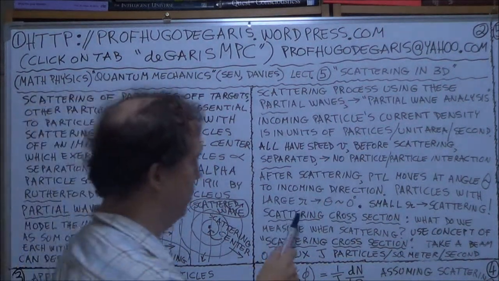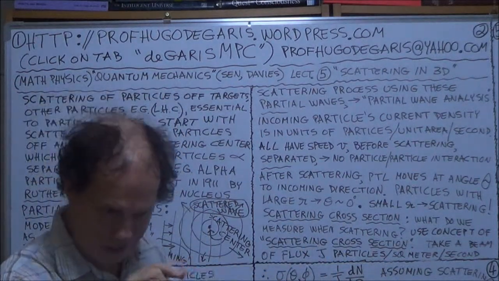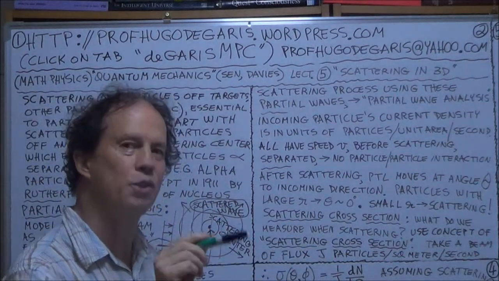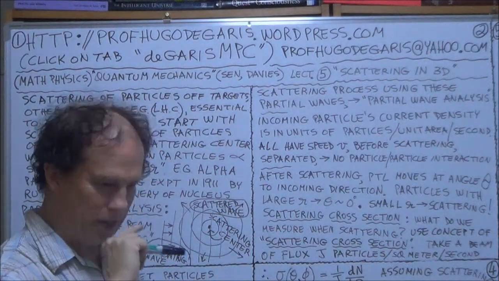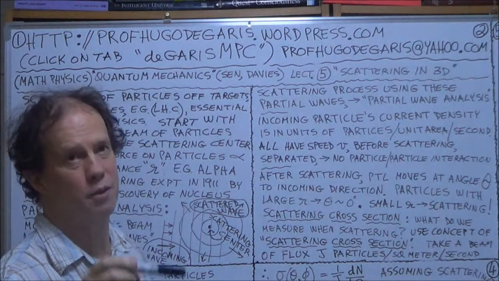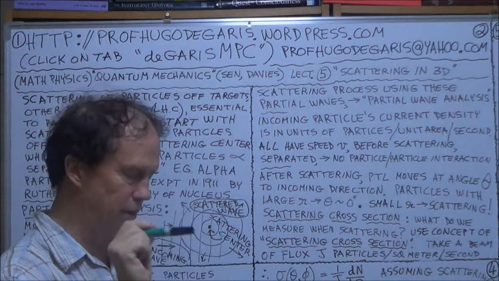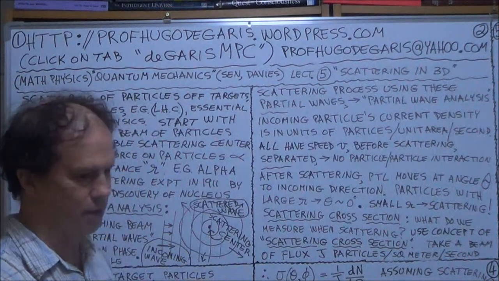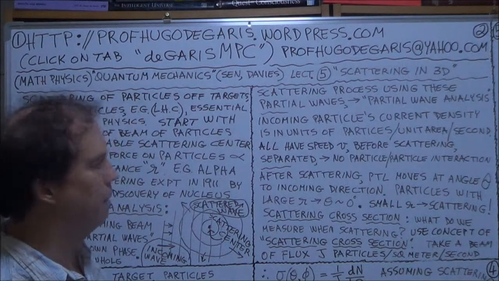Okay, one of the stepping stones for partial wave analysis is something called the cross section. To explain this, I need to explain other things. It's going to be a logical chain. I need to explain A before I can explain B, to explain C I need to explain B, and to explain D I need to explain C, and so on. There's a whole chain of such concepts, but we'll get there eventually.